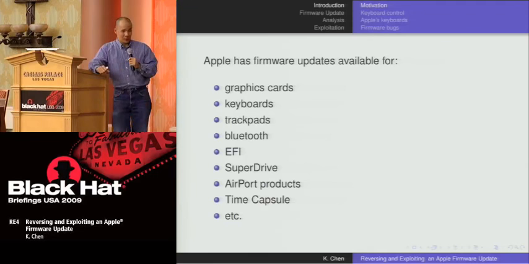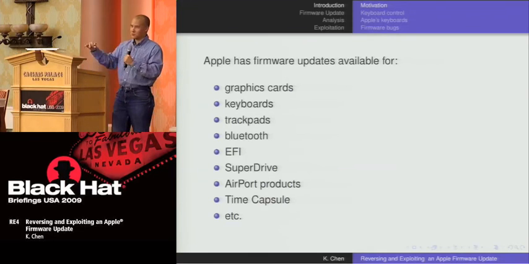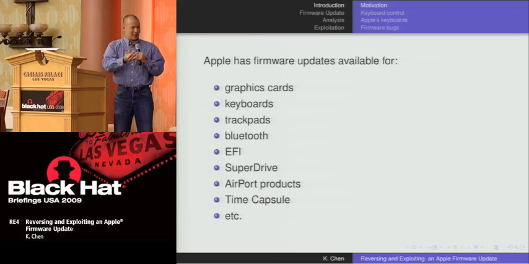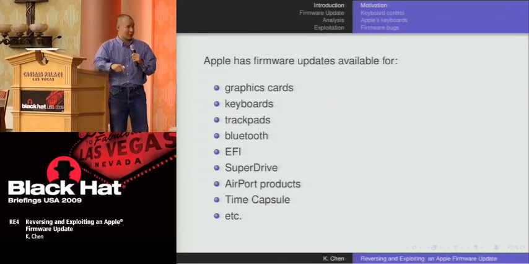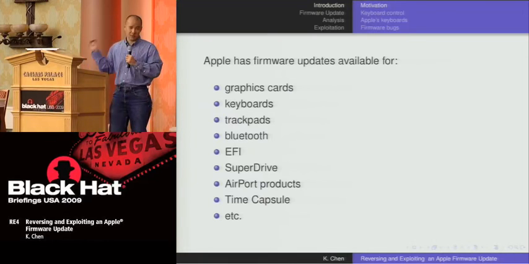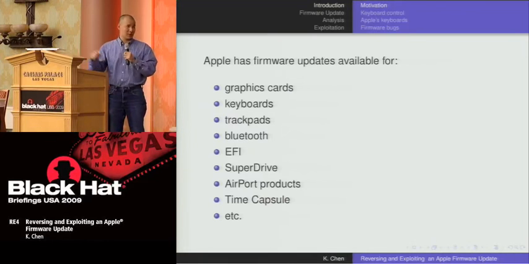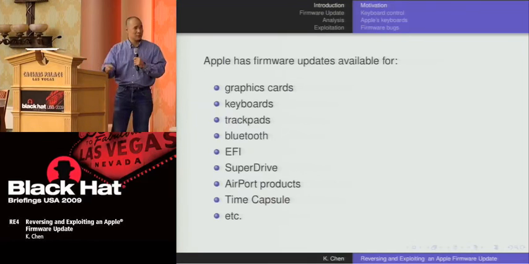Then their AirPort wireless products, even the Time Capsule, those things that have either 500 gigs or 1 terabyte of storage, have had firmware updates. So across the whole product line, they have a habit of issuing firmware updates.